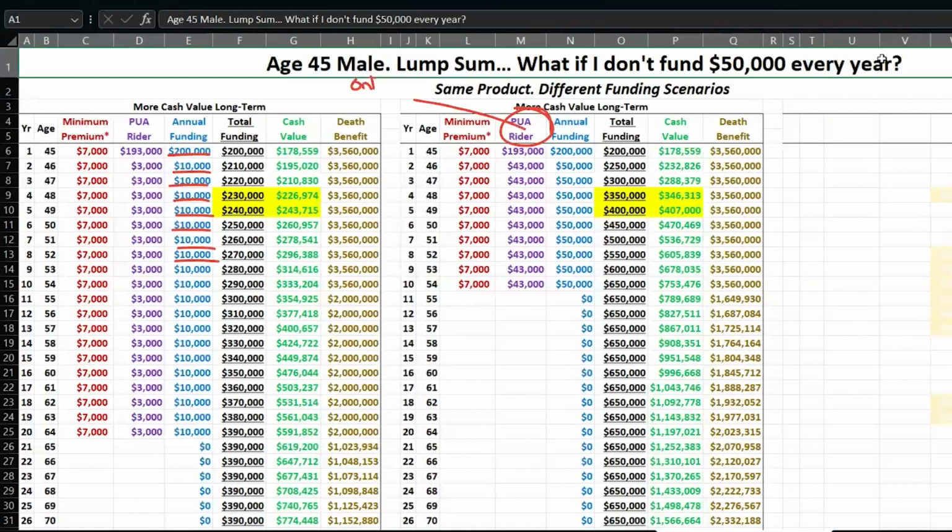That's through either an online account, a mobile app, maybe it's a wire transfer, maybe it's a check. Very, very flexible there. Flexible PUA riders are nice. But the additional amount is at their discretion. They're not obligated to do that. This is simply showing what it would look like if they do add the extra funds.